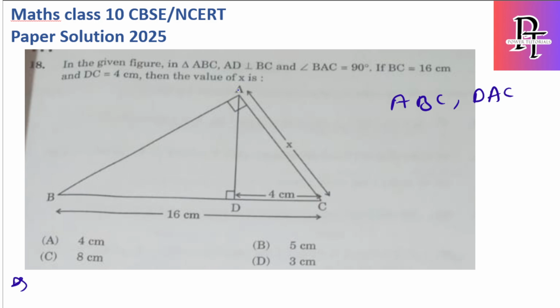AC is the small side. In the other triangle, DC is the small side, correct. AB is the middle one, AD, and here it should be AB. Okay, it is correct. So as per this, the triangles are similar.